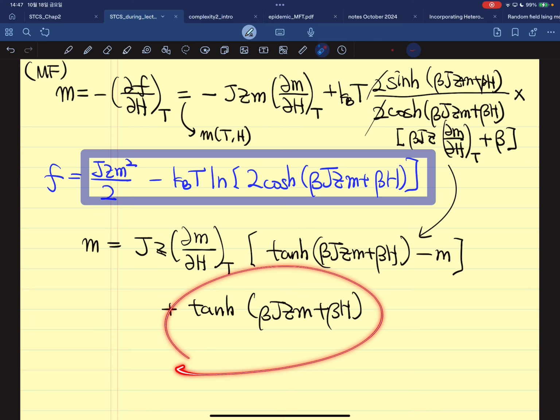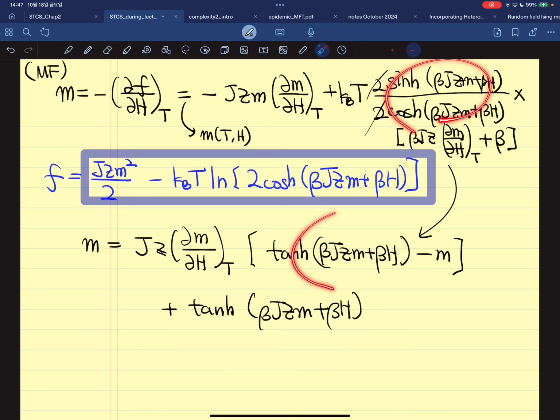This extra term corresponds to this one, and all the hyperbolic tangent terms are here, and m times here.